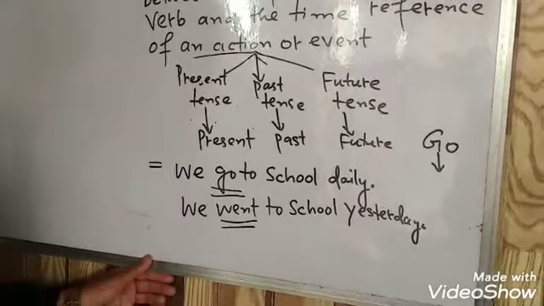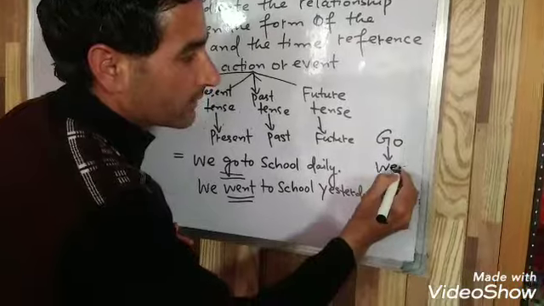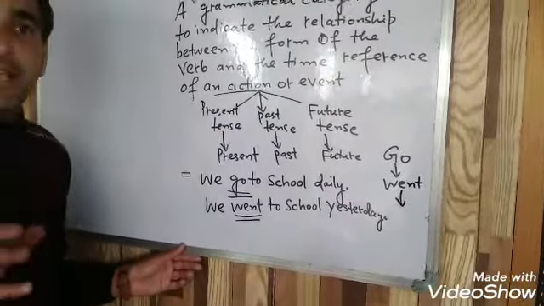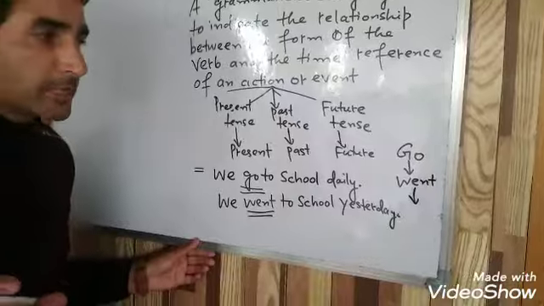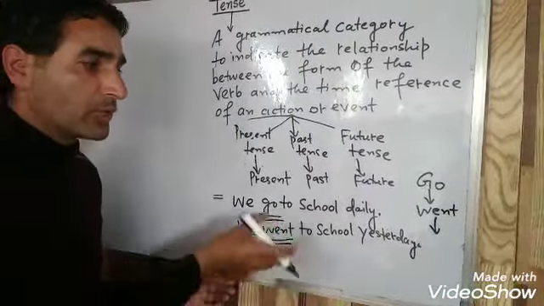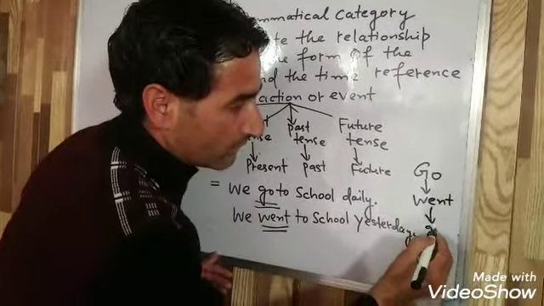Now, if there is an action that is expected to take place in future, then we have to write here the future form of this verb. Then should I write gone?